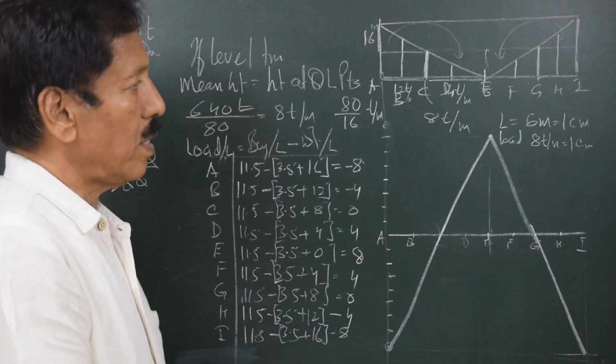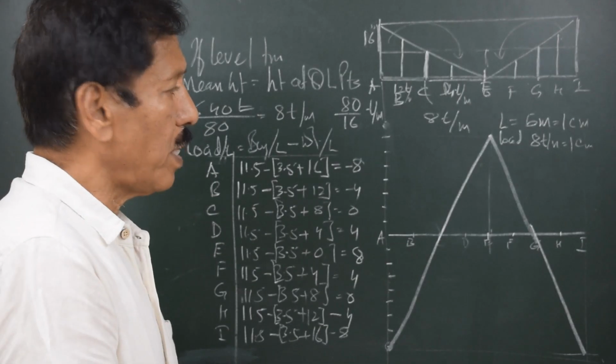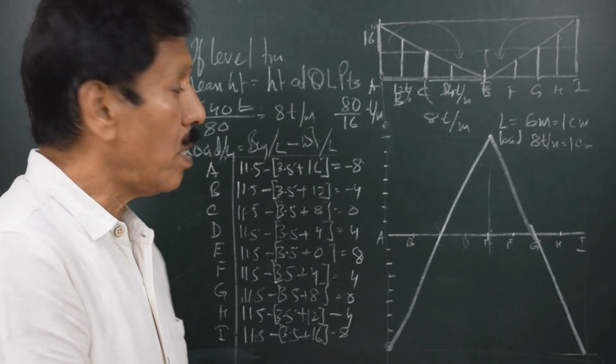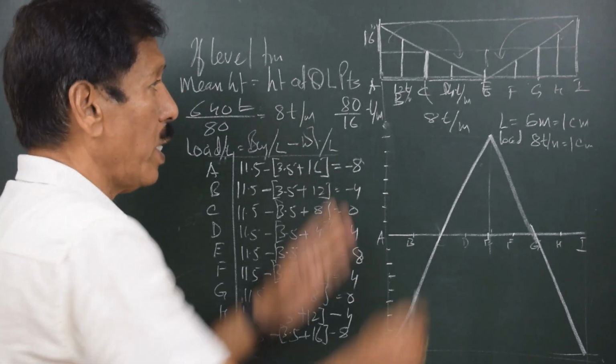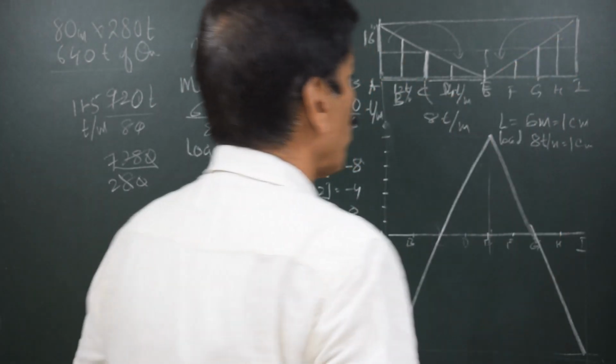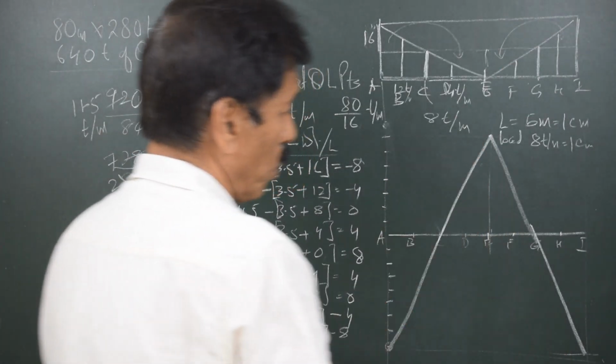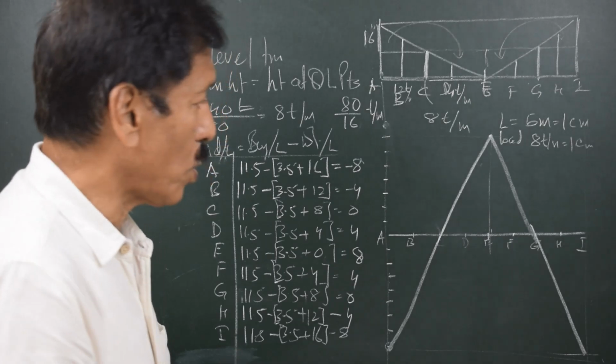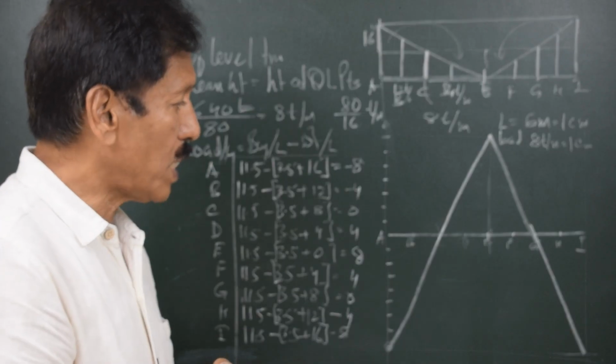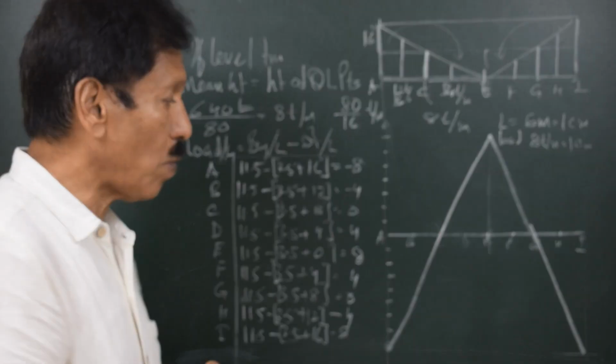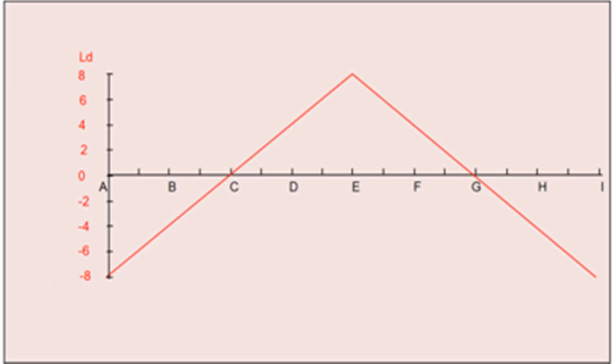In our sign convention, it is coming opposite to the loading. Loading has got cone this way and the load curve has got cone this way. So this is the situation of load curve, and we'll try to build up the SF curve as well as BM curve on this graph only.